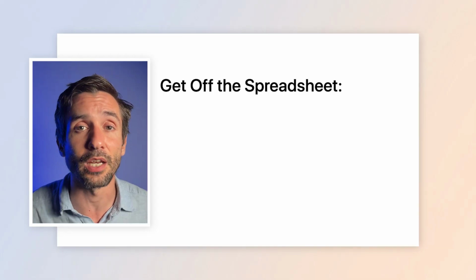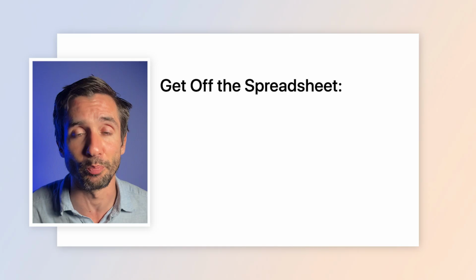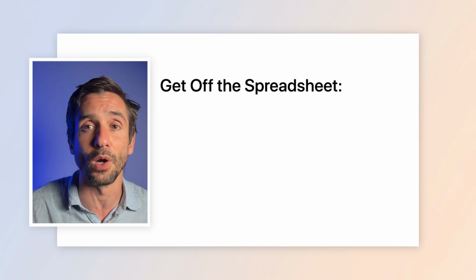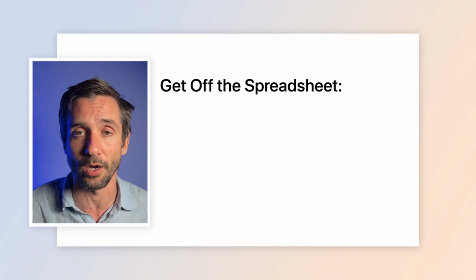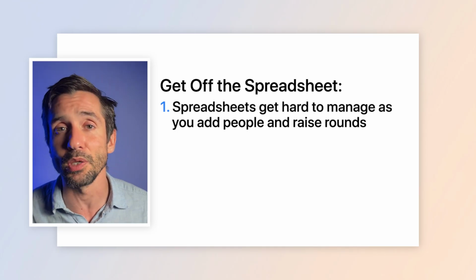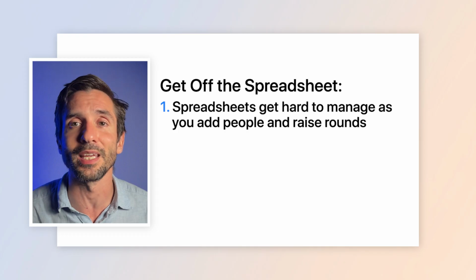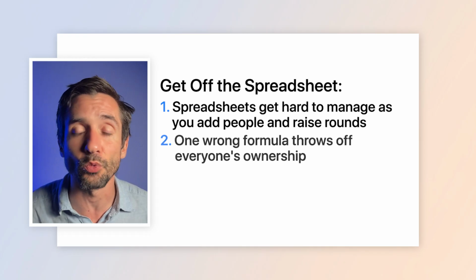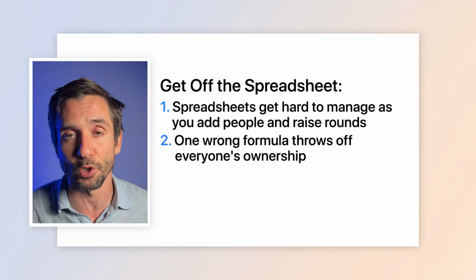Now, the last thing is getting your cap table off of a basic spreadsheet and onto dedicated cap table software. A spreadsheet is fine when it's just you and your co-founder, but as you add people and raise investment rounds, it gets hard to keep straight, and one wrong formula can throw off everyone's ownership.